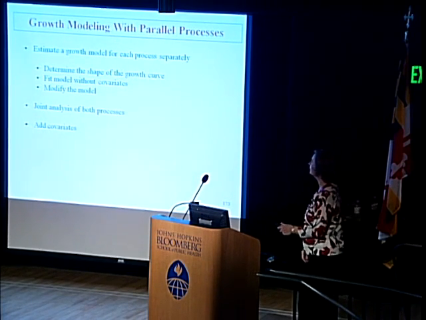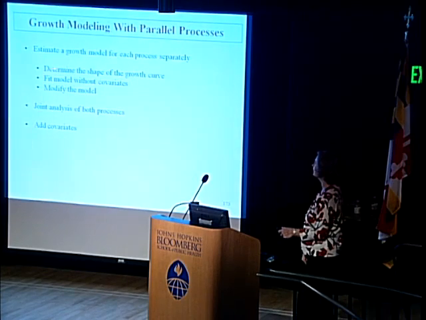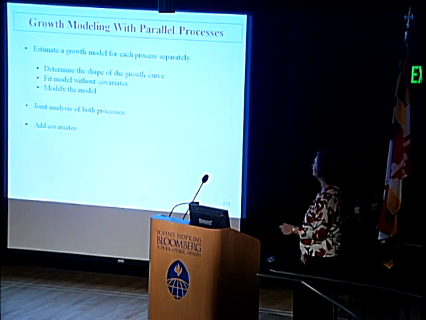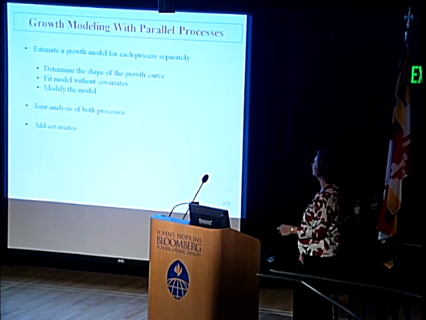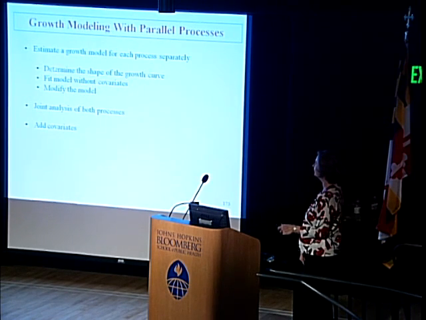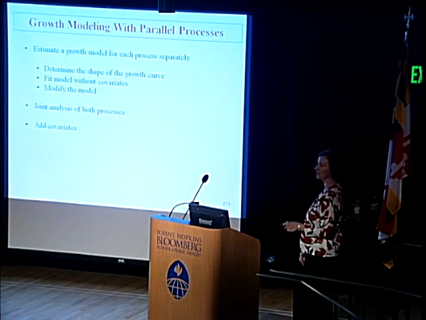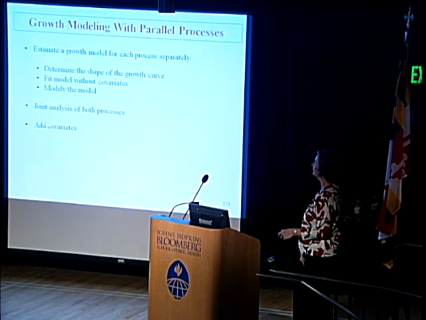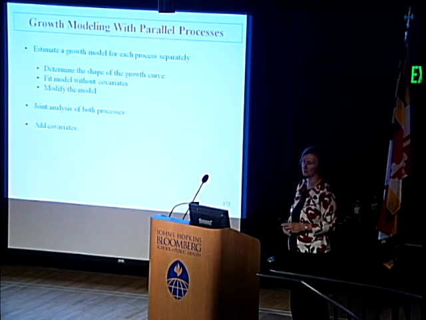Now, the first thing you would do, as we said earlier, is determine the shape of the growth curve from theory, the data, whatever, and find a well-fitting model without covariates, and then modify the model if necessary. And once you're satisfied, then you would put both of the processes together, and only when you have that working would you bring covariates into the model.